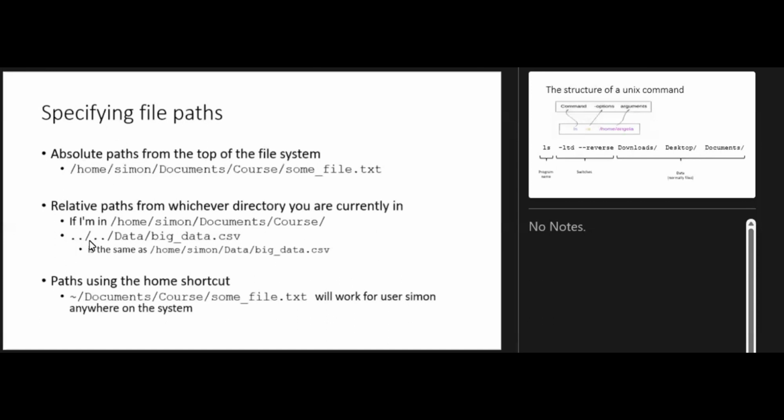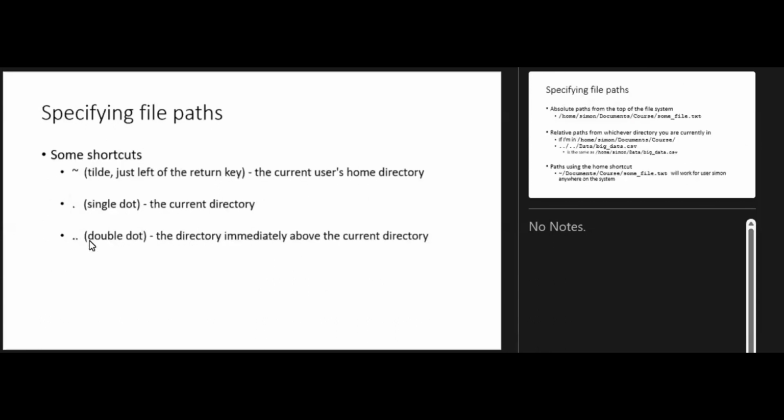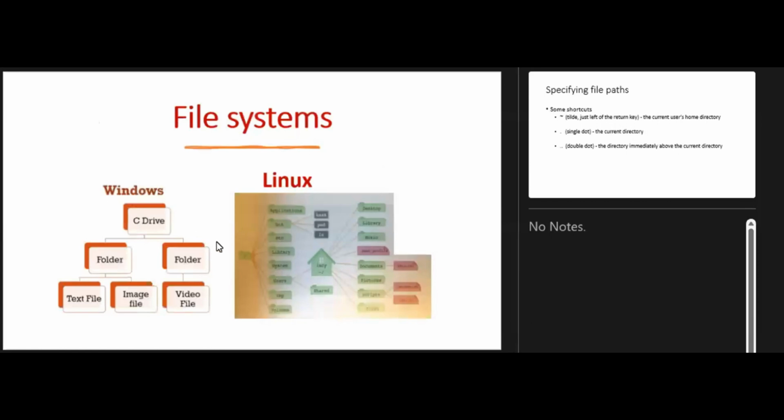There are two different options to go from one place to another place. One is absolute path and the second one is relative path. Absolute path is, for example, you want to go to documents.